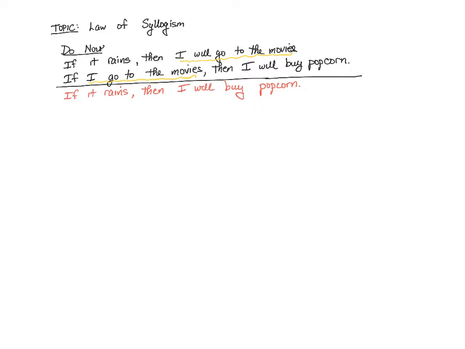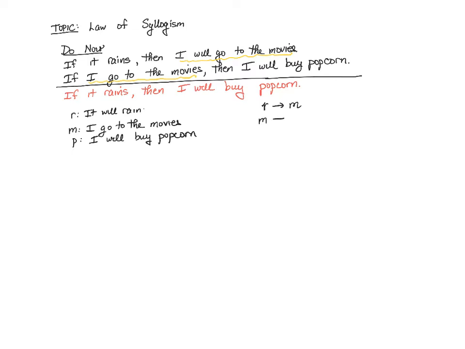Let R represent it will rain. And let M represent I go to the movies. And let P represent I will buy popcorn. So symbolically, we could say, if R, then M, for the first statement.